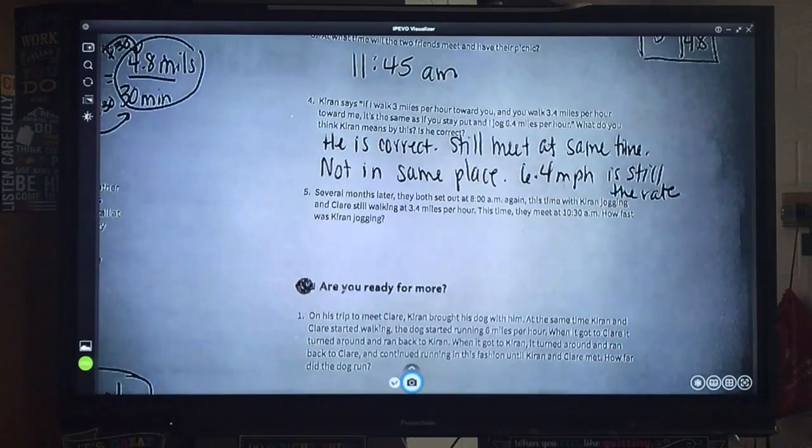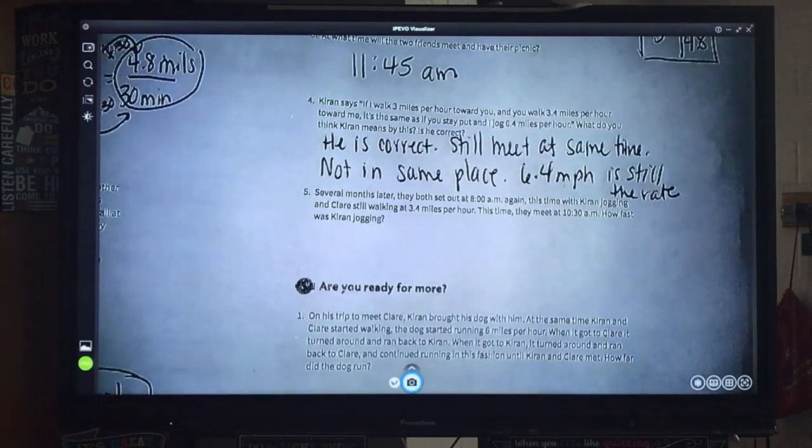How'd you figure it out? So what we did was we took Claire's 3.4 miles, and first we found out that... I forget the process. Okay, so they meet at 10:30. So it's between hour 2 and hour 3, so we would have a 30.